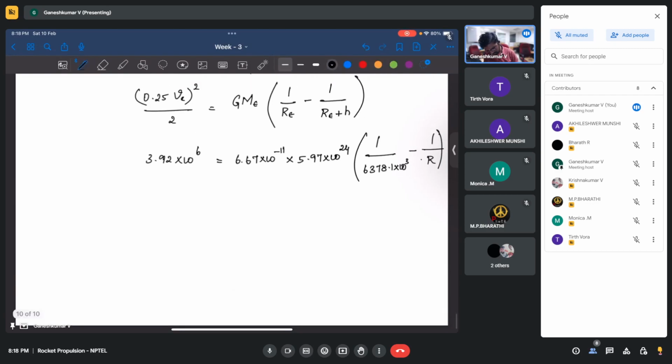Is this right till here? Yes, it appears to be. Okay, so this is coming out to be 9.84 into 10 to the minus 9 into, 1 by Re minus 1 by r.